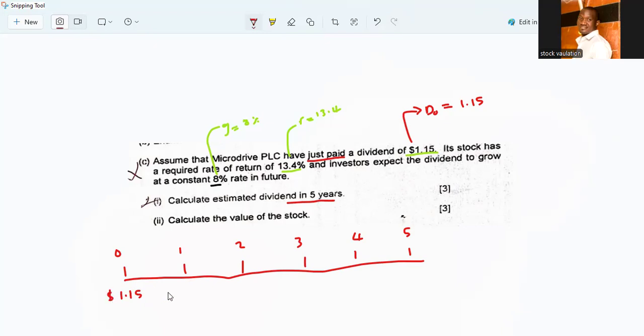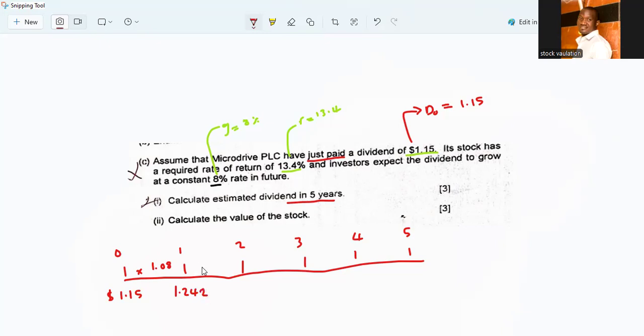Then we multiply by what to get the next one? 1.08. So what do we get? 1.242.